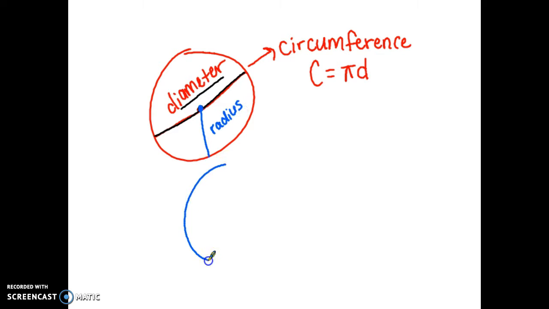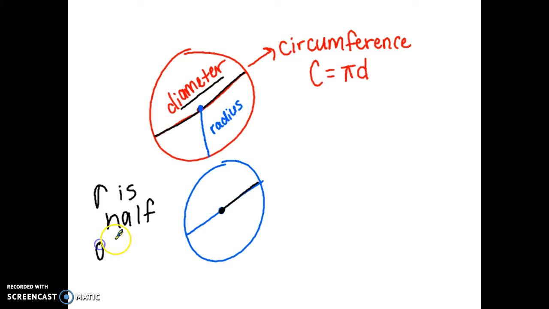So if in a circle, the diameter goes all the way across, and the radius just goes from the center point to the edge of the circle, then the radius is half of the diameter.